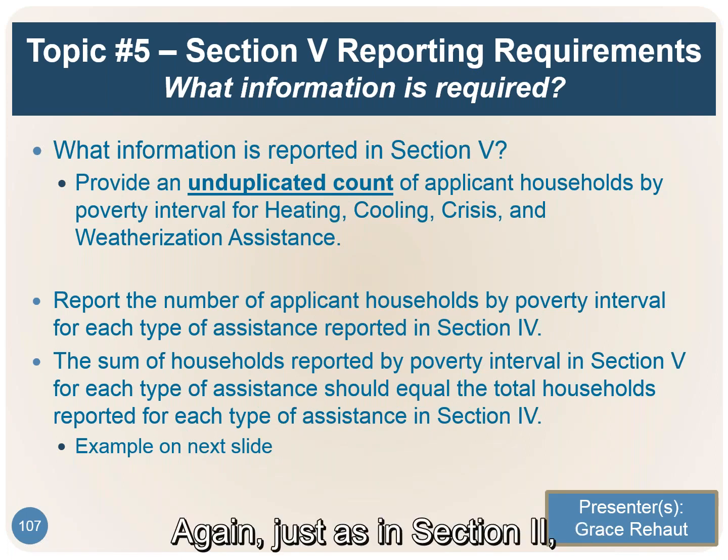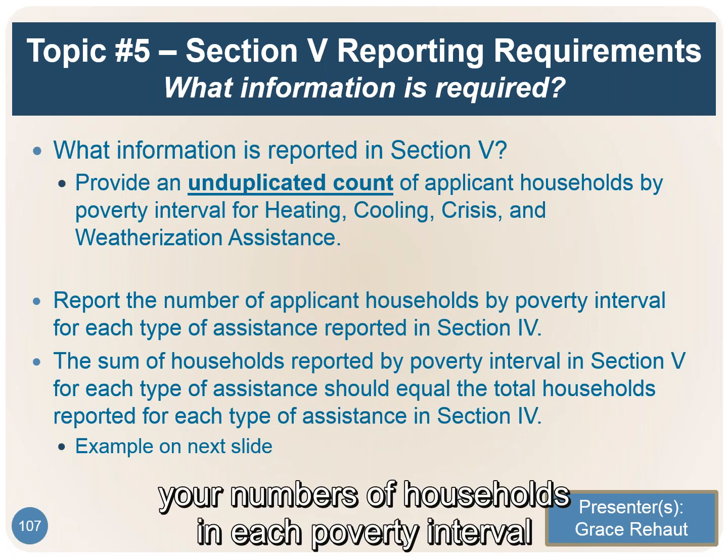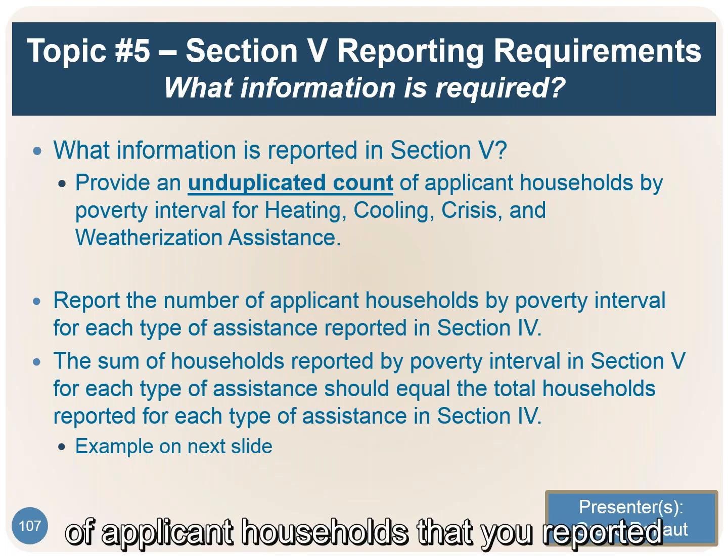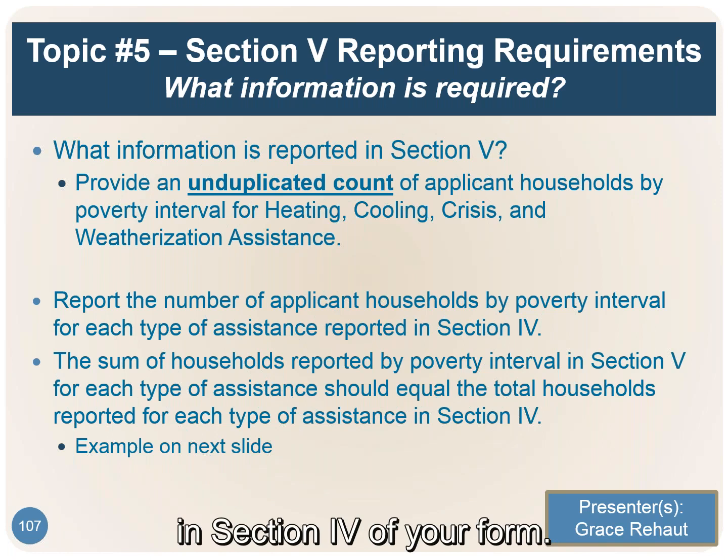And again, just as in Section 2, your numbers of households in each poverty interval should add up exactly to the total number of applicant households that you reported in Section 4 of your form.